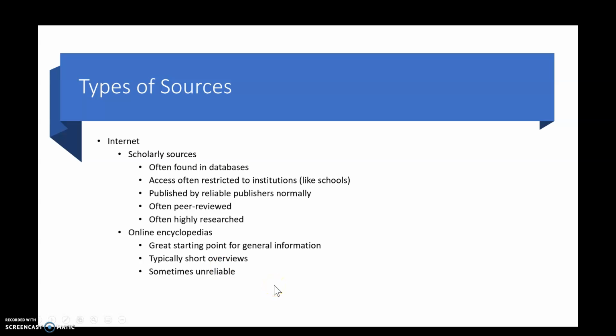But what you can do, and what I normally do, is go to Wikipedia, make a note of the list of sources at the bottom of the Wikipedia page, and then go reference those to get more information as a really solid starting point, so you're not just navigating the internet aimlessly.